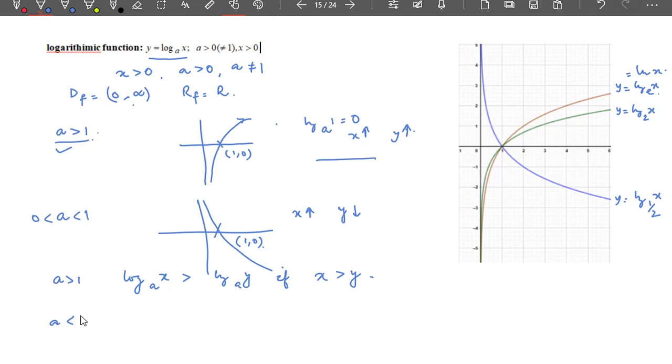If a is less than 1, log x is less than log y if x is greater than y. That is, when the base is greater than 1, the log of the bigger number is bigger, and when the base is less than 1, the log of the bigger number is smaller.